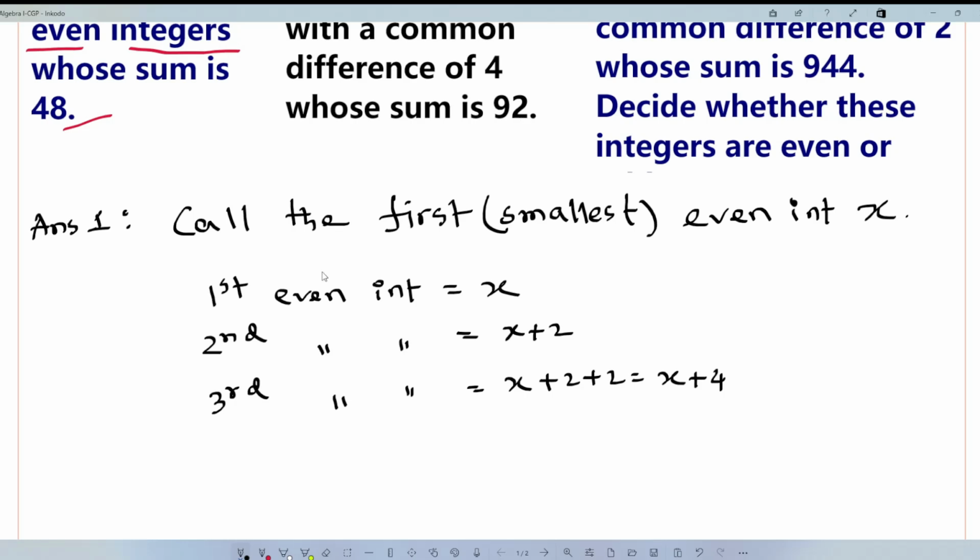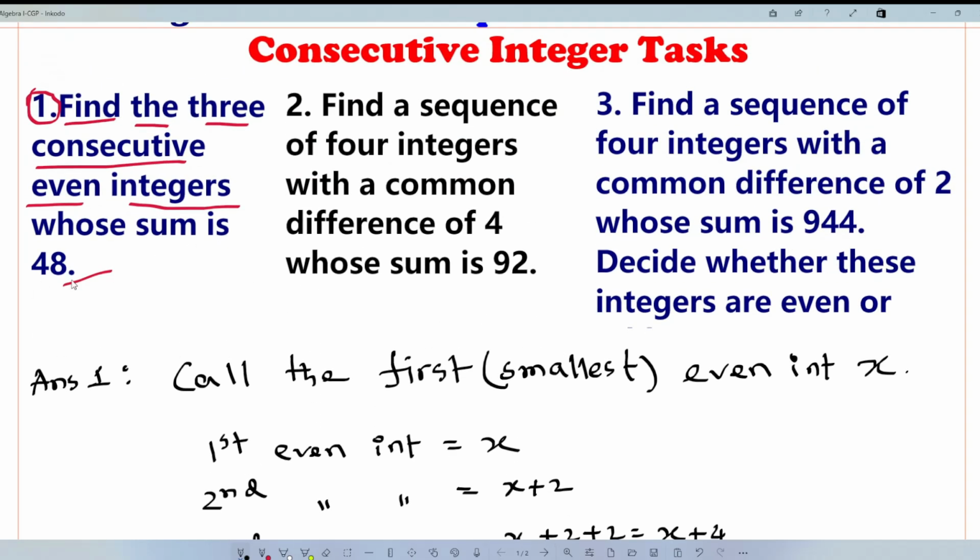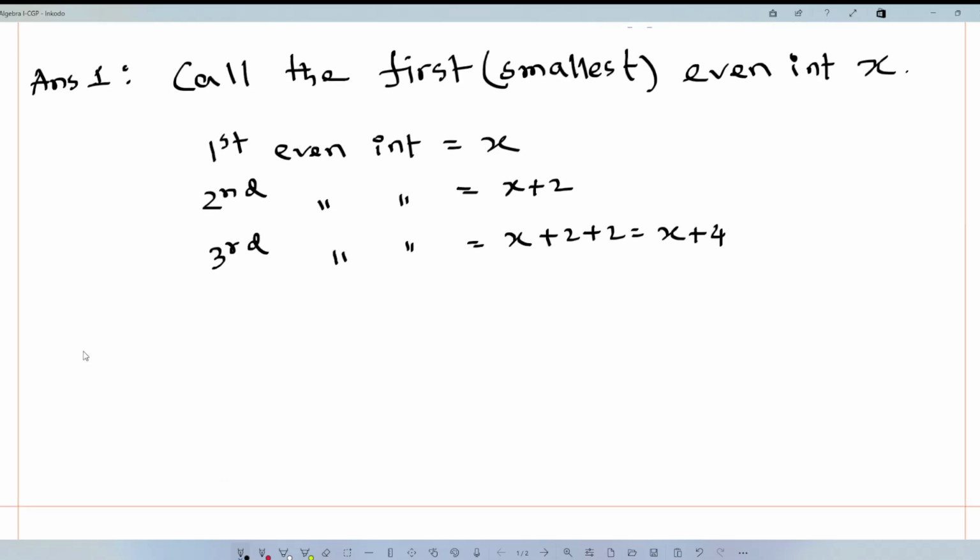Now whose sum is 48, so we can write the sum of the 3 integers is 48.